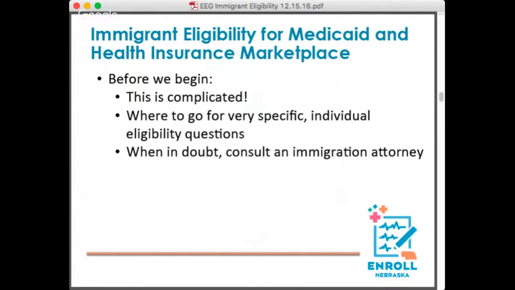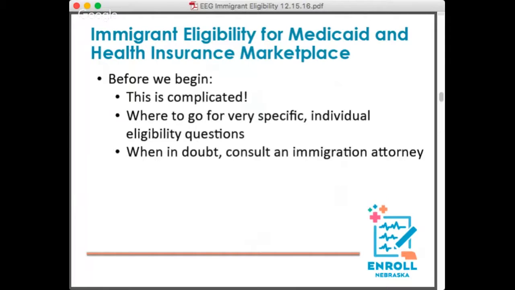If you have a question about someone's very specific immigration situation or their eligibility, it's best to talk to their navigator or work through the process with them. It's hard to answer these types of questions in a general way without all of the relevant information about a person's situation and their particular visa or situation. So just keep that in mind.